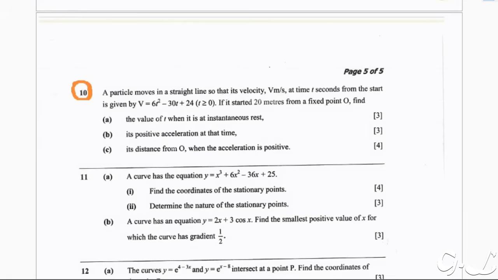So question number 10 reads, a particle moves in a straight line so that its velocity v meters per second at time t seconds from the start is given by v is equal to 60t squared minus 30t plus 24 and t is greater than or equal to 0.